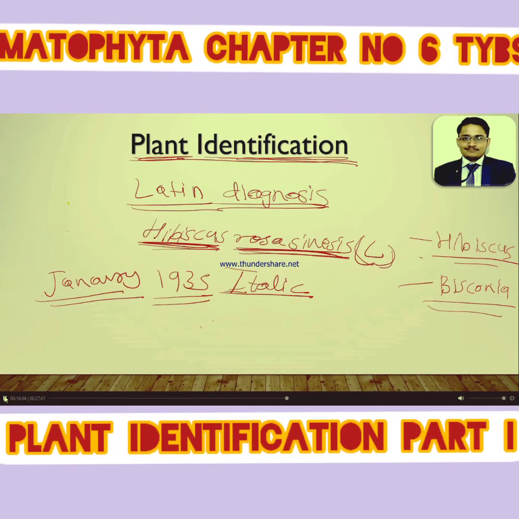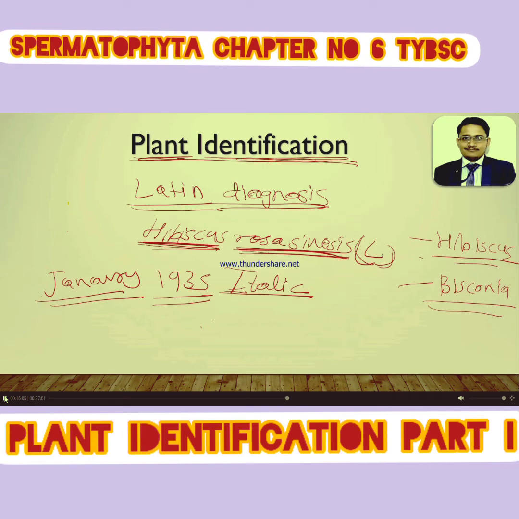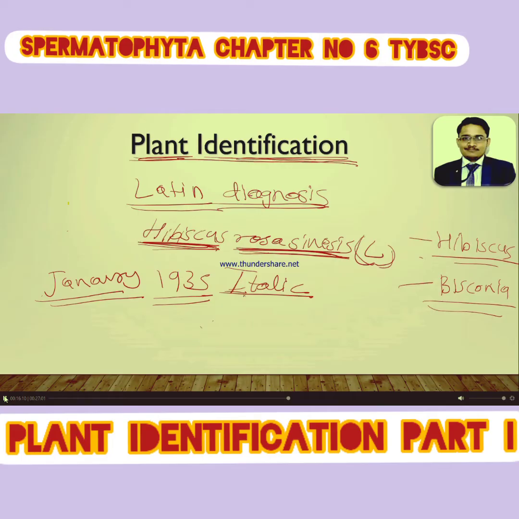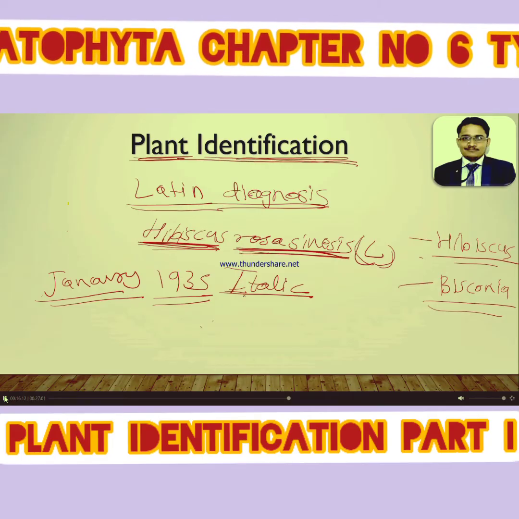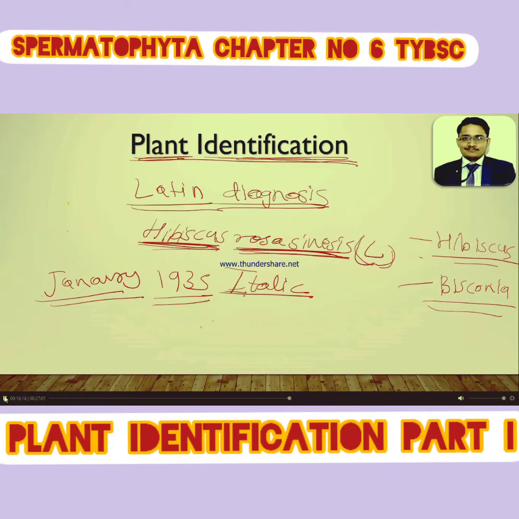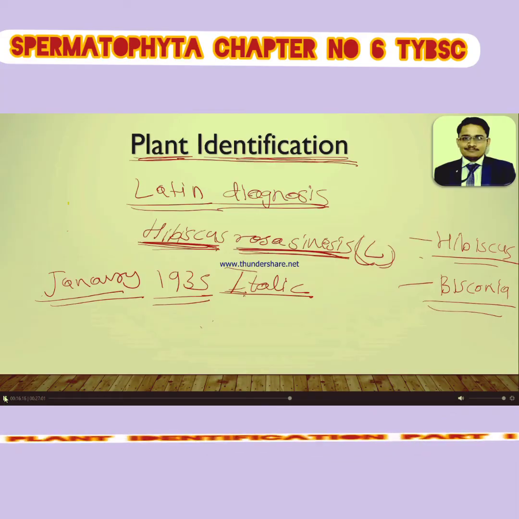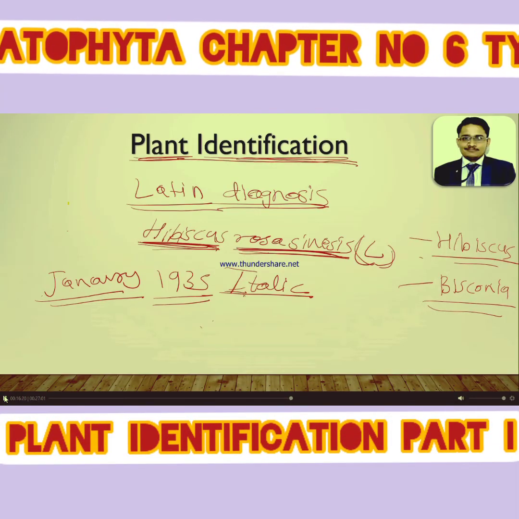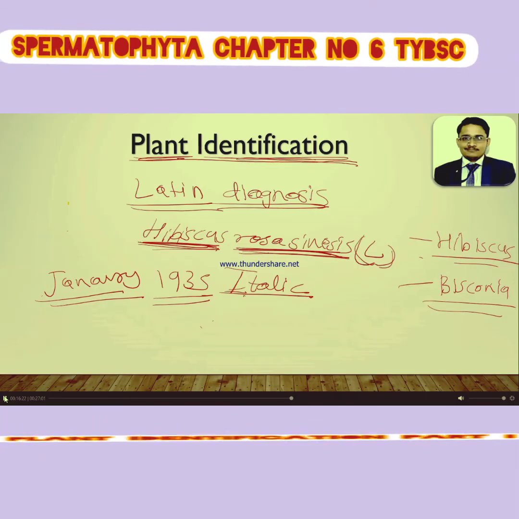That means if any botanical name is not written in italic or Latin language, then it is invalid, it has no validation. That means it is not valid for the government or for the researcher.